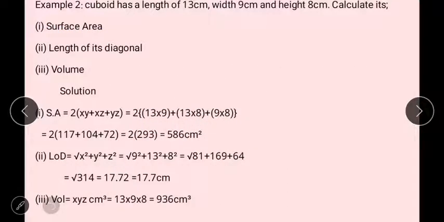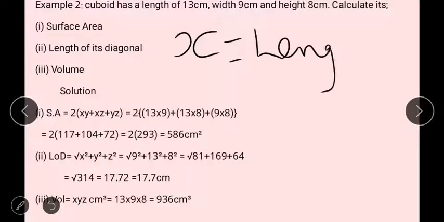Example 2 says a cuboid has a length of 13 centimeter. What is the length? 13 centimeter. Width of 9 centimeter. And height of what? 8 centimeter. Good. Let us say x is equal to length, and y is equal to what?